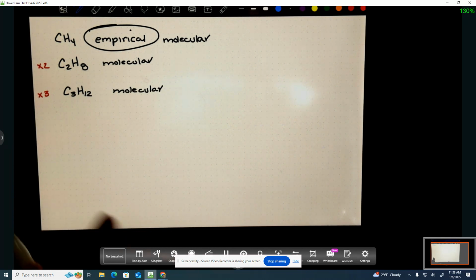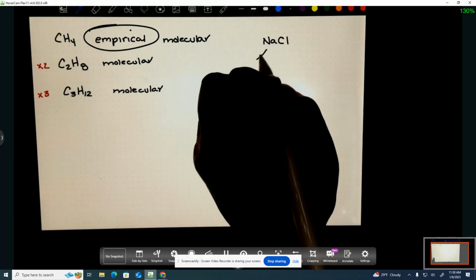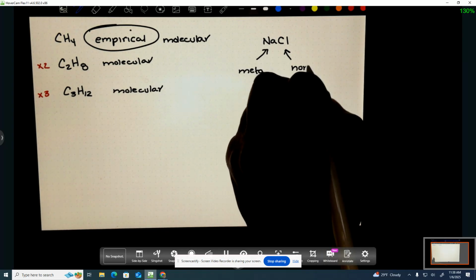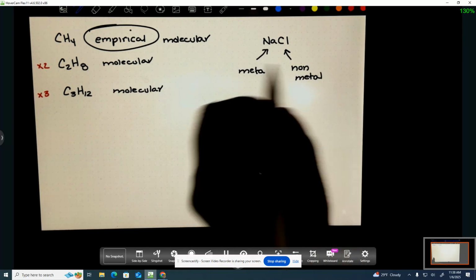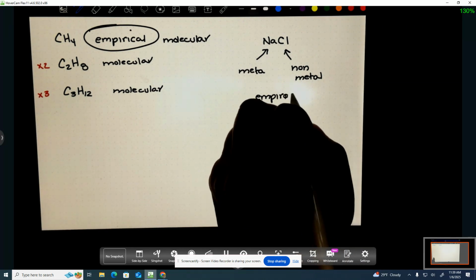So how are you going to know if it's empirical or molecular? Well, all of them are going to be molecular unless they are a salt. Okay, salts are not molecules. They are ionically bonded. Do you remember what an ionic bond is? Yes. Okay, an ionically bonded substance like NaCl between a metal and a nonmetal will always be written as empirical.